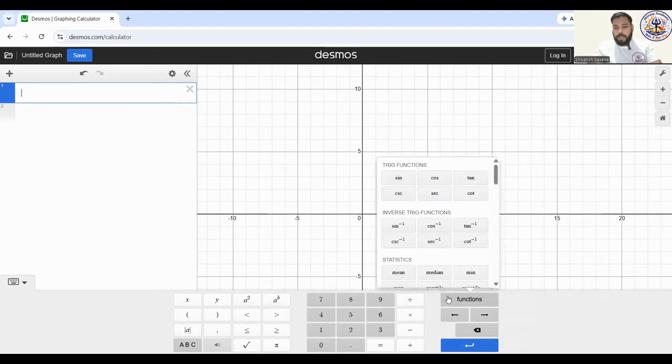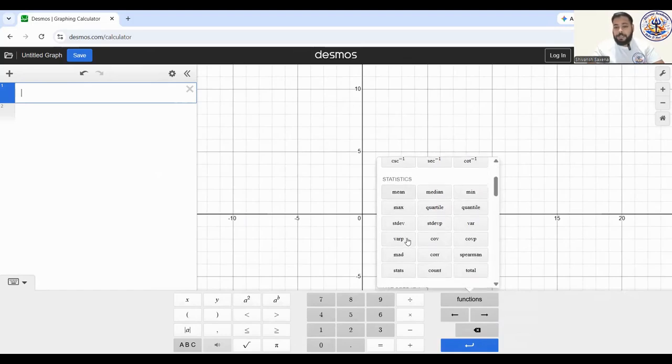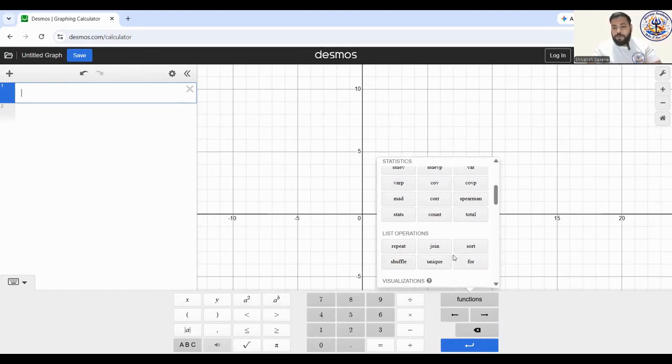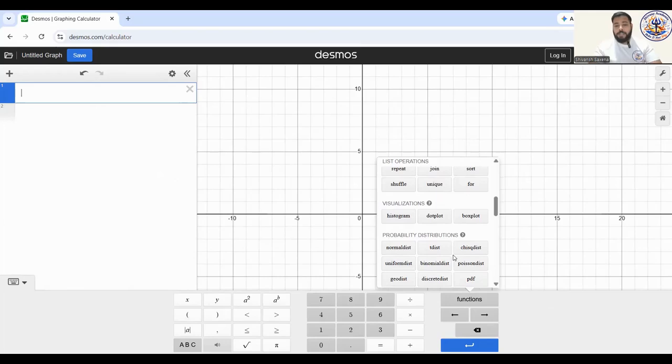Clicking on it, I could see different functions, trigonometric functions, inverse trigonometric functions, statistics, if you have to calculate mean, median, mode, quartile range, all of those things, list of operations if you want to repeat them, visualization of histogram, dot plot. DESMOS is the key to all of them.